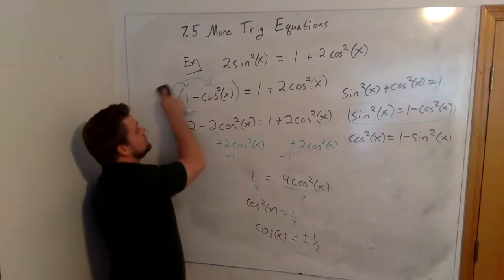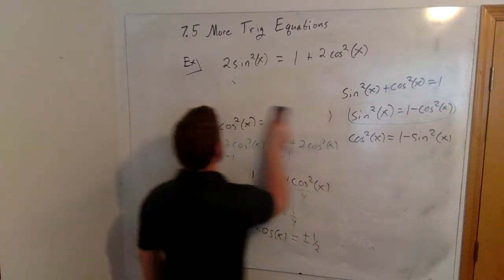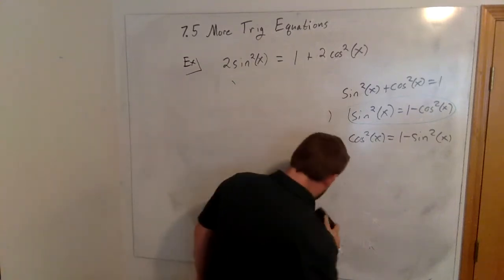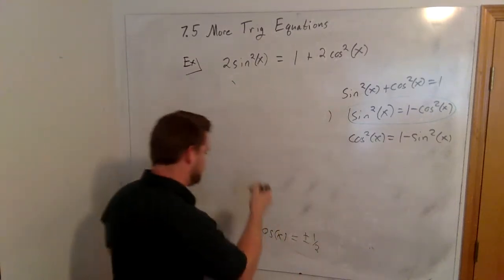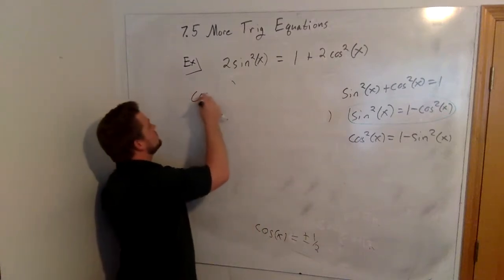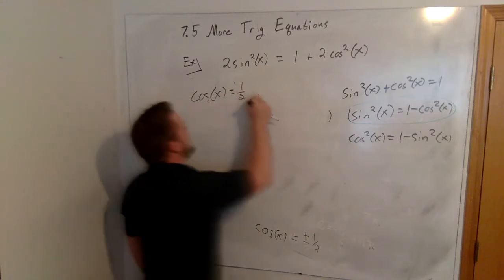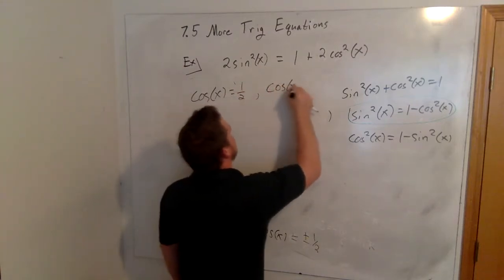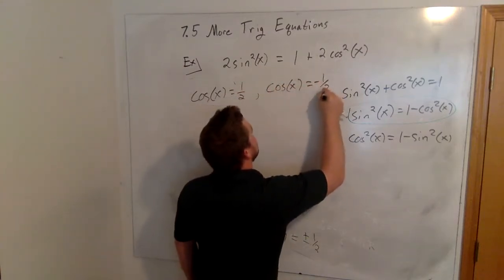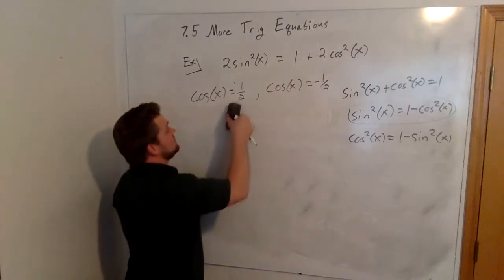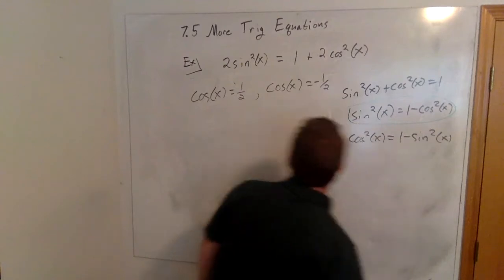So I'm going to erase a little bit of this up here. Now we need to figure out when is cosine of x equal to 1/2, and when is cosine of x equal to negative 1/2. What's nice about this basic trig equation is these are nice numbers on the unit circle.